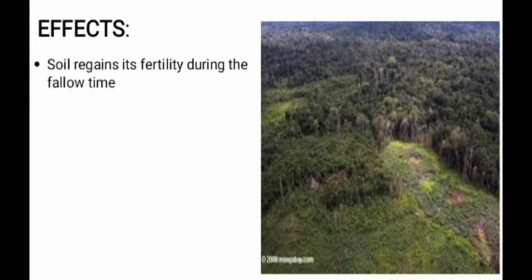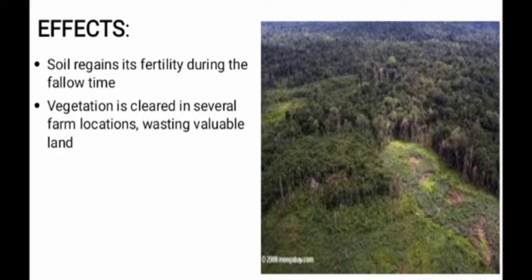Number one, soil regains its fertility during the fallow time. Number two, vegetation is cleared in several farm locations, wasting valuable land. Number three, deforestation occurs due to this form of farming system.